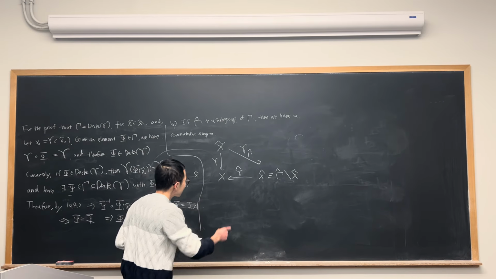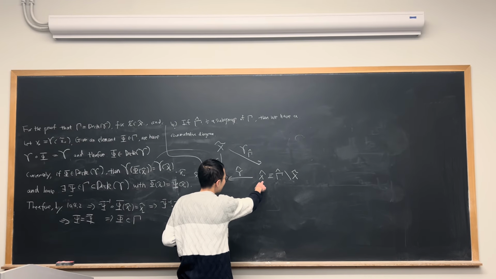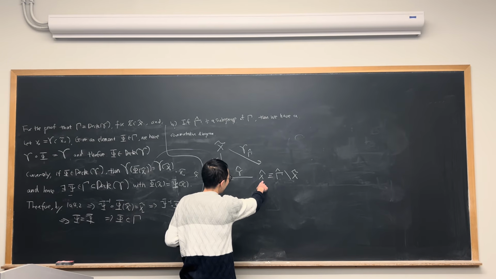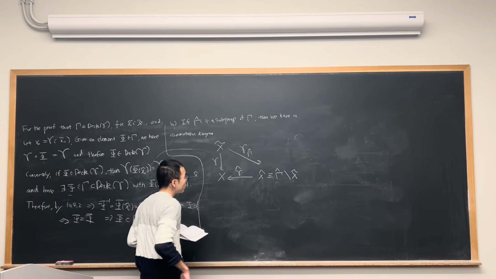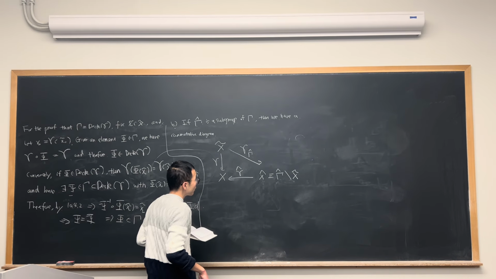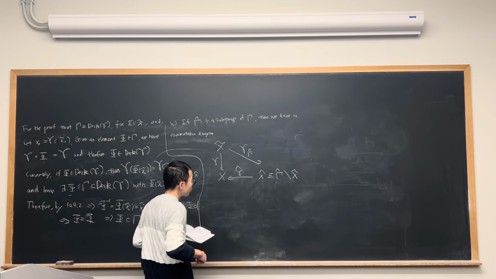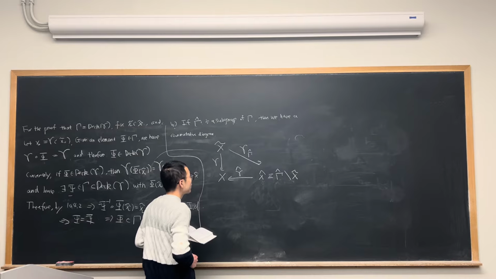So an element in this x hat is basically the equivalence class of x tilde modulo the action of gamma hat.